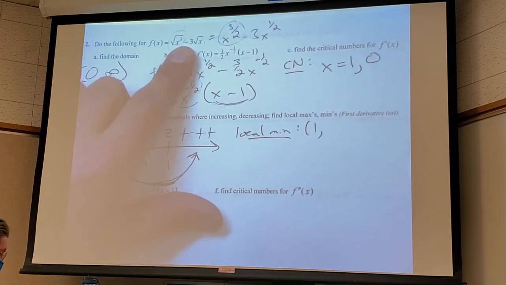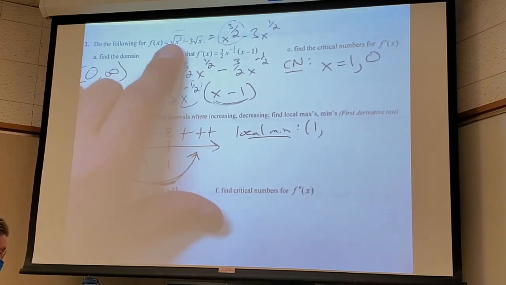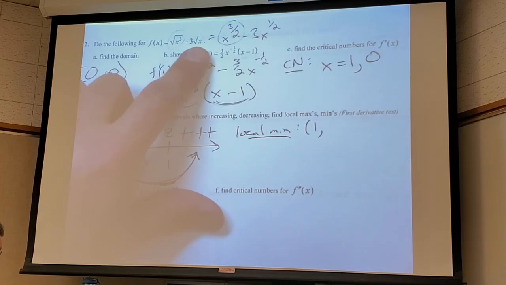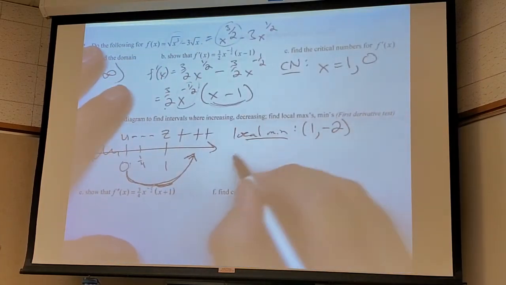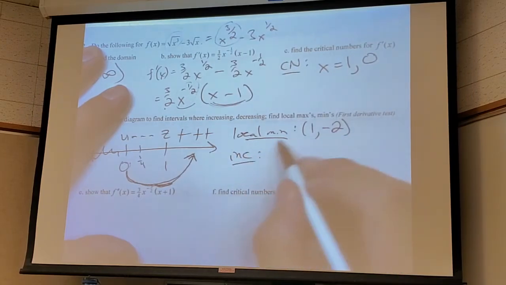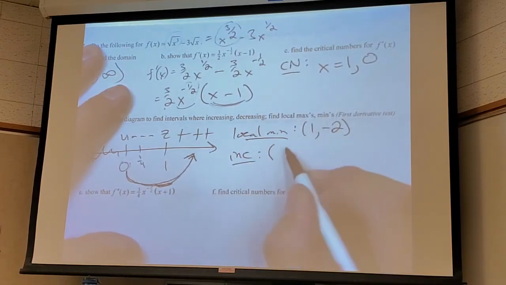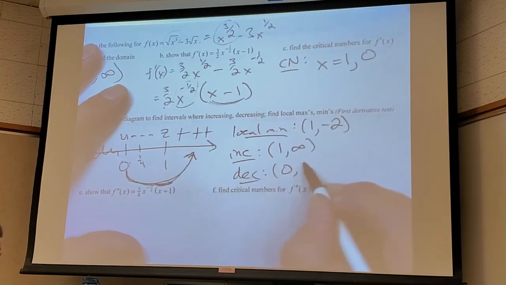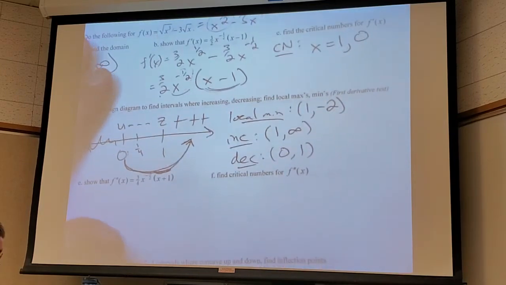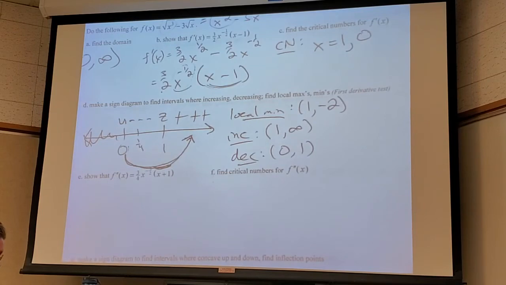No. Wait. The square root of 1 is 1, minus 3, so 1 minus 3, negative 2. So on what intervals is it increasing? Well, just 1 to infinity. What intervals is it decreasing? 0 to 1. Okay, go on.